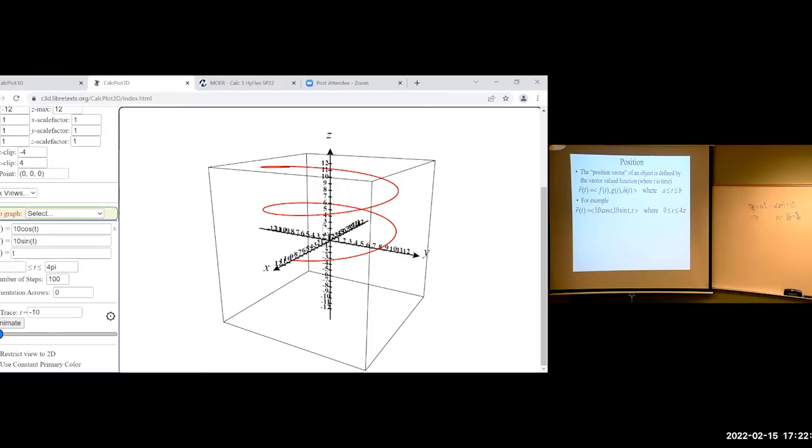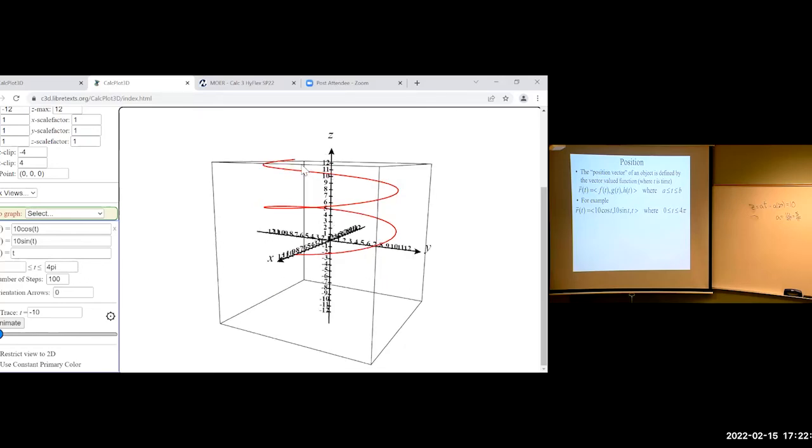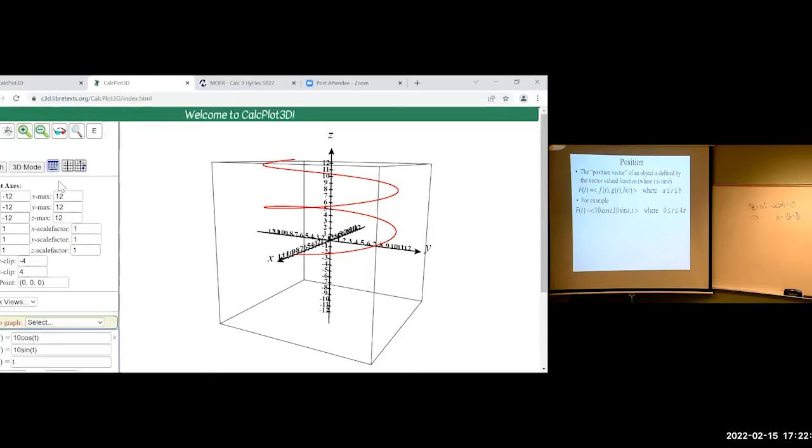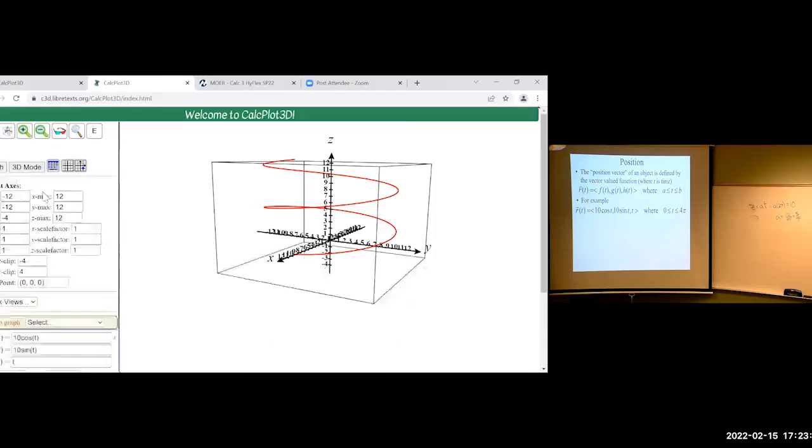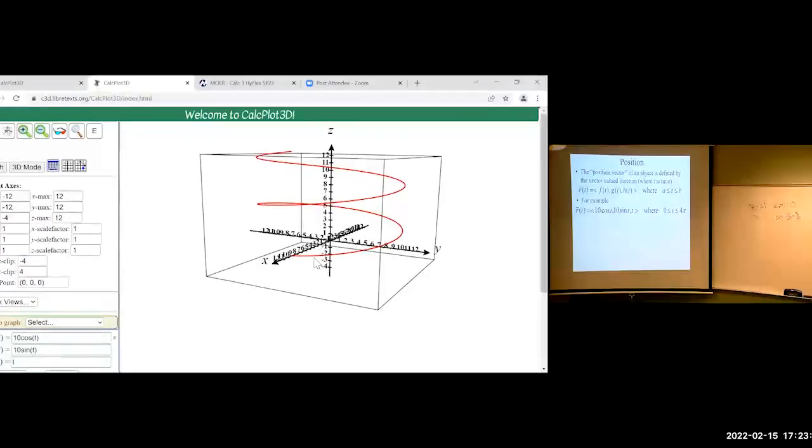It's got a height of just a little bit over 12. It's got a radius of 10. So you don't need that far negative on the z, so let's get some of that off. Okay. So there's our helix, right? This is exactly what we just looked at last time. What we're going to do is look at some of the properties that are pretty cool.